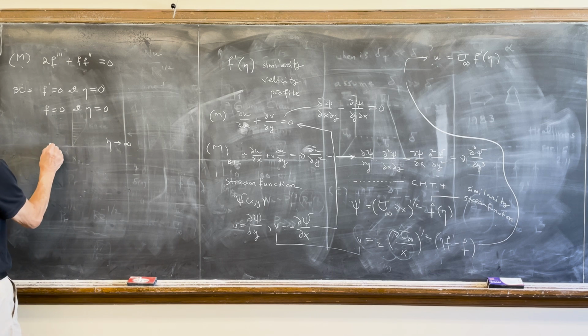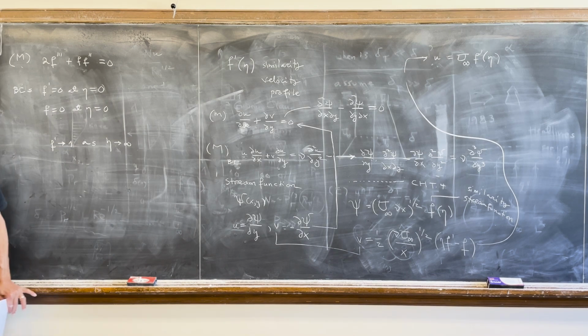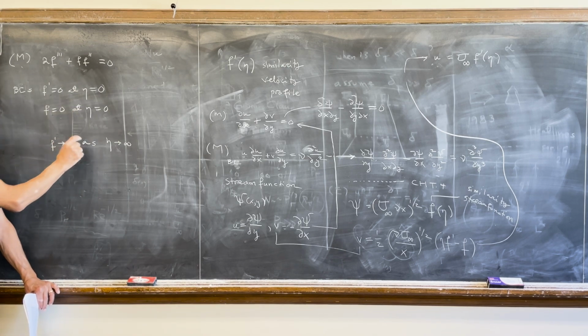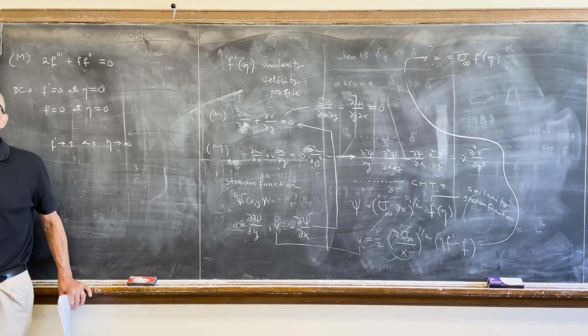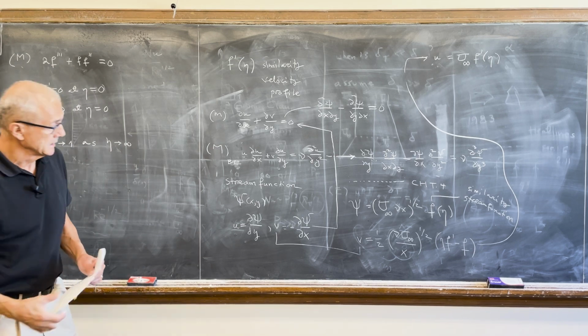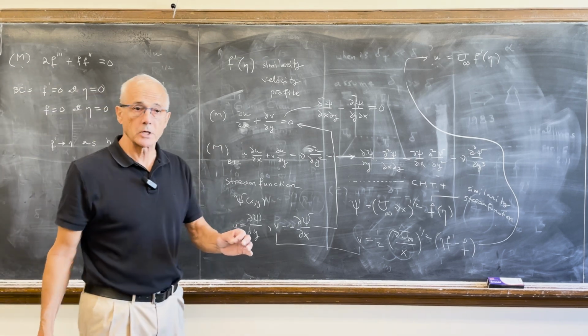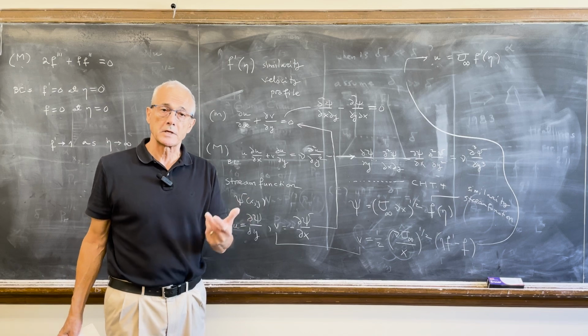So f prime, we've all been to school, right? We know how to read something, and this something here, 1, 2, 3, tells you how to imagine the drawing that I erased, the drawing of the similarity velocity profile.